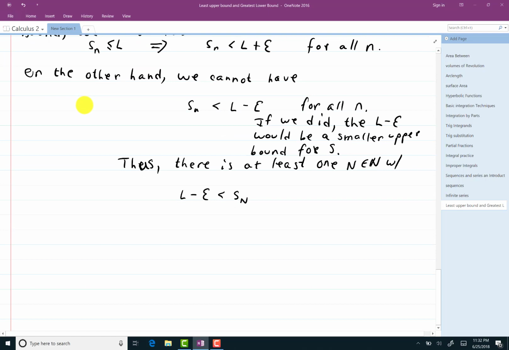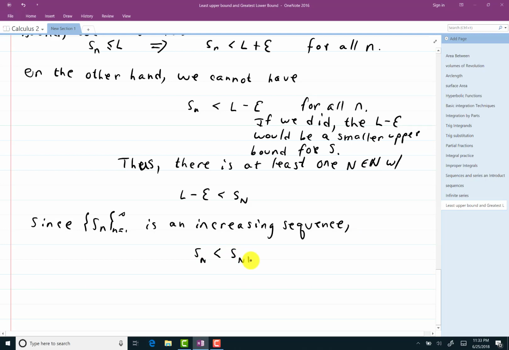But now, since S sub n is an increasing sequence, S sub capital N is less than S sub capital N plus 1, it's less than S sub capital N plus 2, it's less than S sub capital N plus 3, and that goes on and on and on.